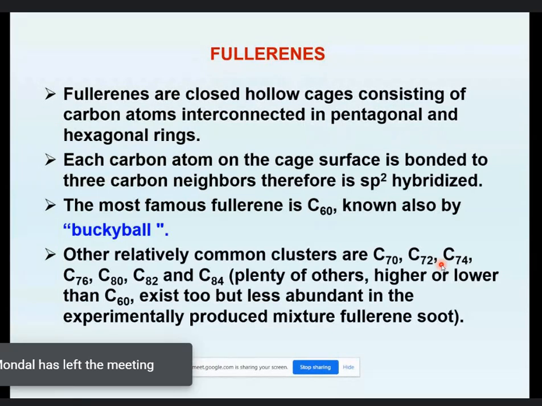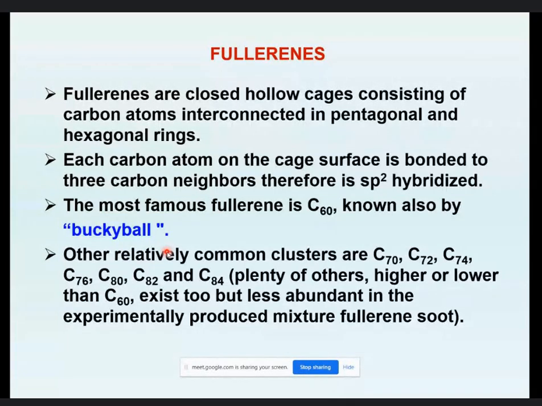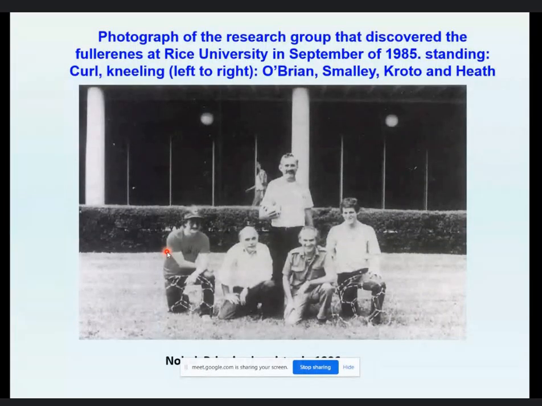Fullerenes are made of C60 or C70 or C74, and their structure is a buckyball structure. These are the people who got the Nobel Prize in physics, at Rice University, for their discovery of this particular material called the buckyball or fullerenes.